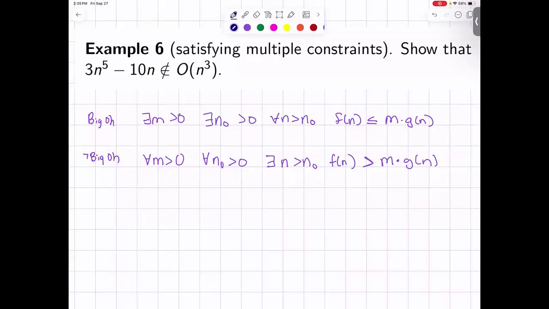Okay, so let's just rewrite the problem statement here with the actual functions in mind. So we're saying 3n to the 5 minus 10n needs to be strictly greater than m times n cubed. Now we're going to look at this and immediately notice that difference in terms right here.